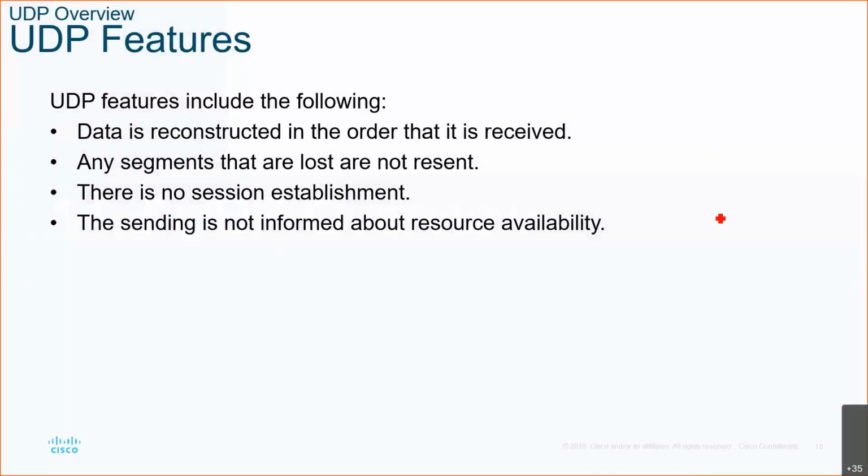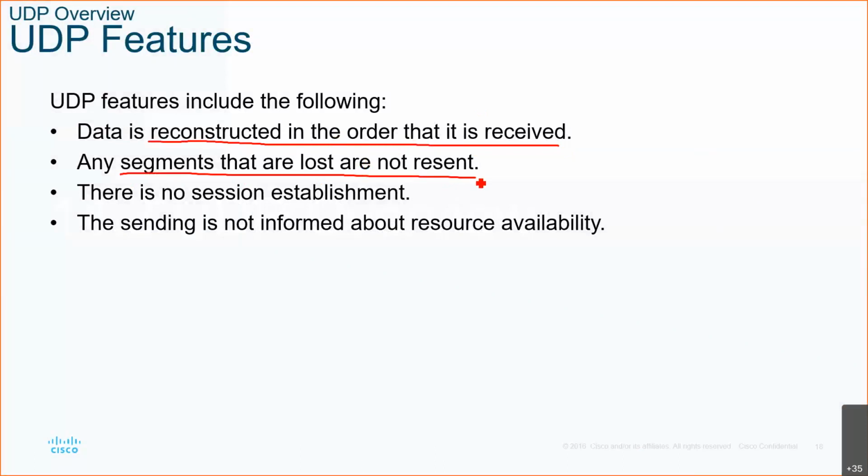In UDP, as we see, data is reconstructed in the order that it is received. If the segments are garbled, if instead of 1, 2, 3 it receives 2, 1, 3, it doesn't care. It doesn't rearrange it. If a segment is lost, no worries, it doesn't care.